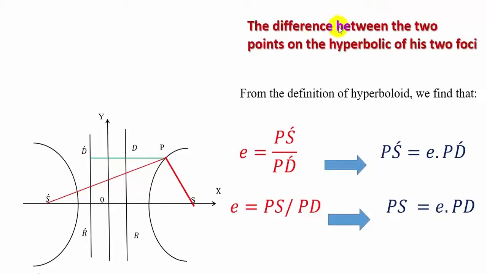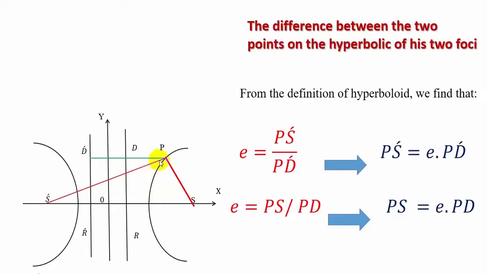Now we need to get the difference between the distances from a point on the hyperbola to its two foci. Suppose that we have S and S dash, and we have a point B on that hyperbolic curve in the positive side. We have BS, BS dash, BD dash and BD.